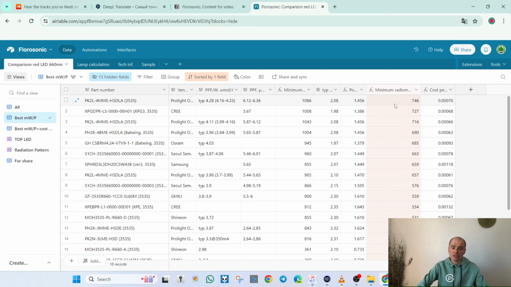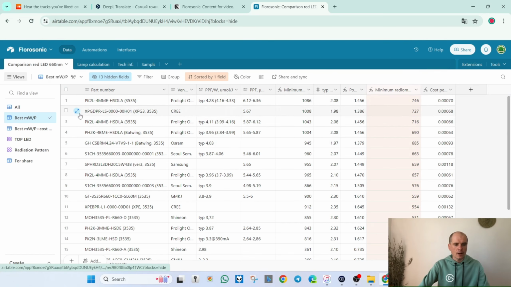I am not suggesting that my table contains the most current data, and at the time of this video the vendor may have had a more efficient bin available. Using the examples of Cree and Prolight, which are in second and third place, I will explain why, when comparing efficiency, it is important to consider the relative value that I got by dividing the minimum radiometric power with losses at 60 degrees by the power of one LED.